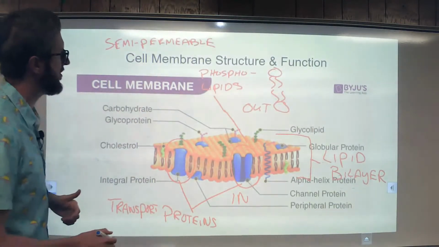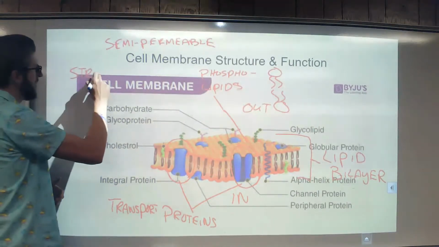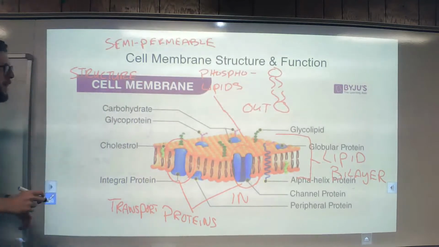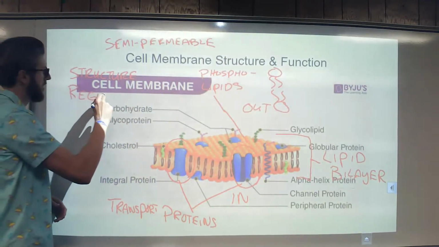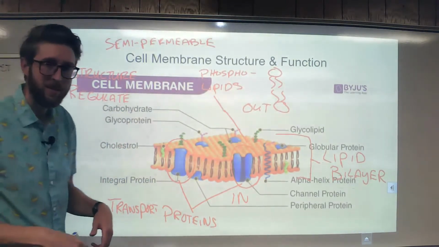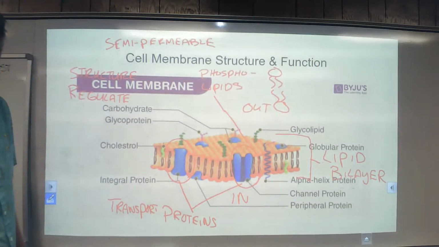The job of the cell membrane is, first of all, to give the cell structure as well as regulate what goes in and what goes out, like I was just saying.